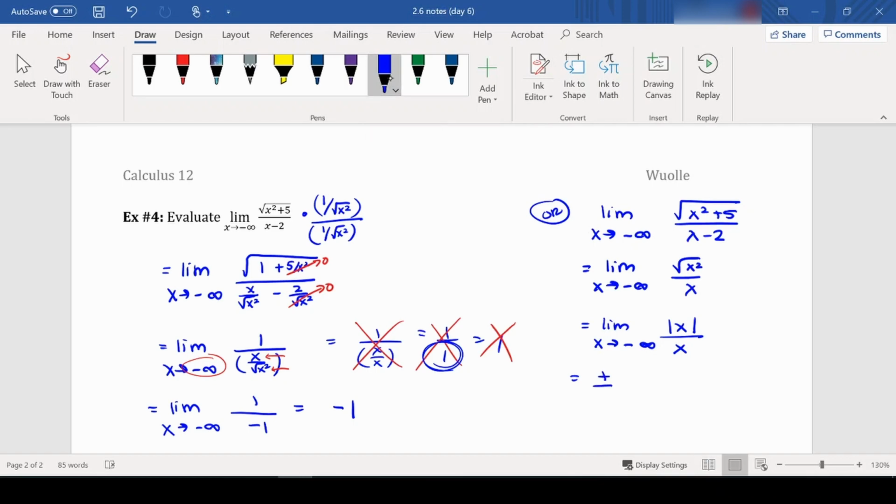Negative infinity on the bottom gives me a negative number of the same magnitude, which gives me negative 1. Okay, so yes, you have an x on the top and the bottom, but the x on the top is always positive, and that x on the bottom is going to end up being negative. So just be very careful. You're approaching infinity from the negative side, negative infinity, and you have a radical.